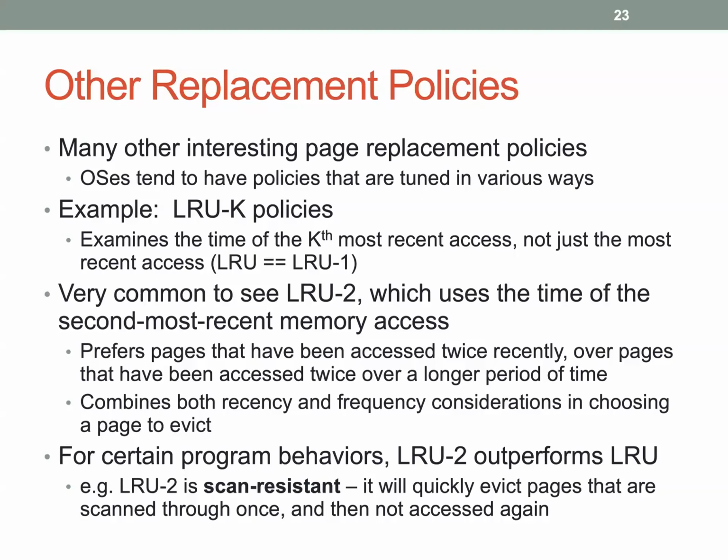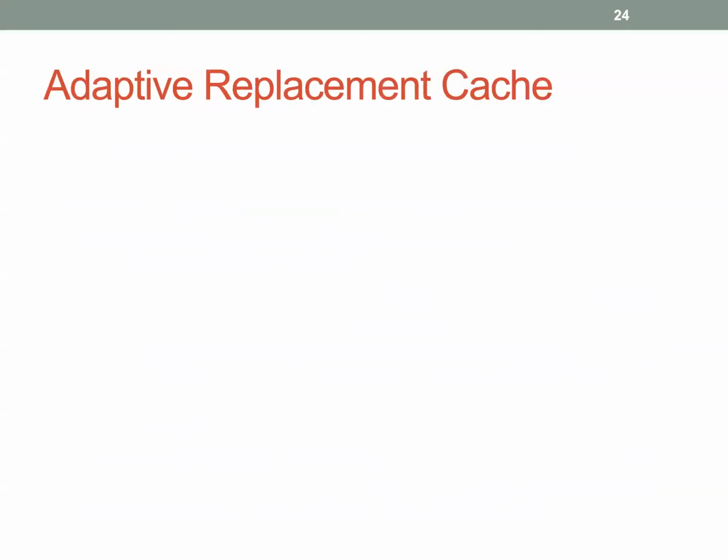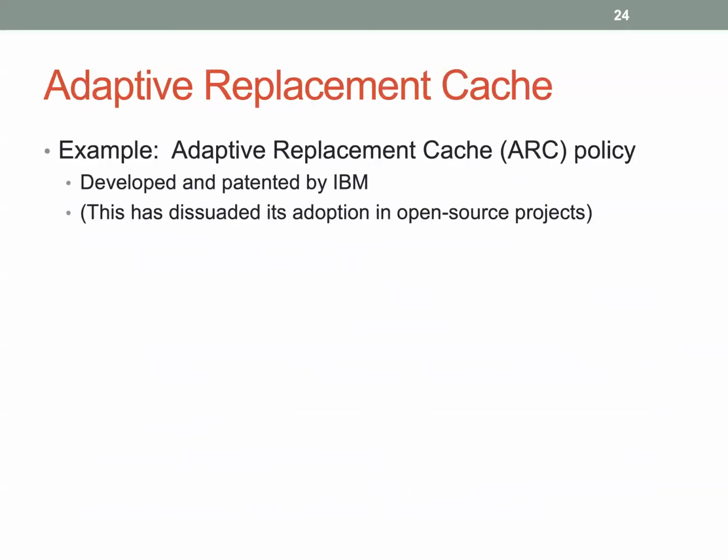This is pretty terrible, especially because it's super common in database systems. Databases frequently load a bunch of data off disk, scan through it, and then don't access it again. And so LRUK policies oftentimes well outperform LRU1.